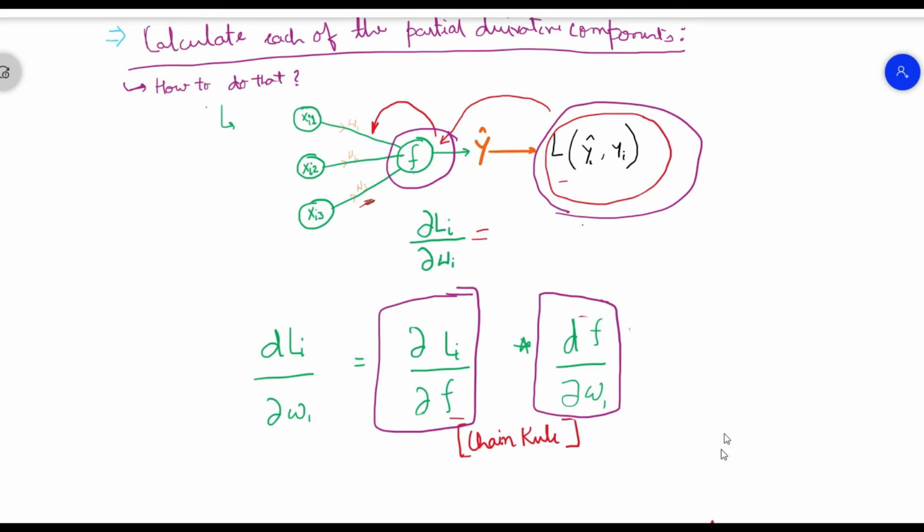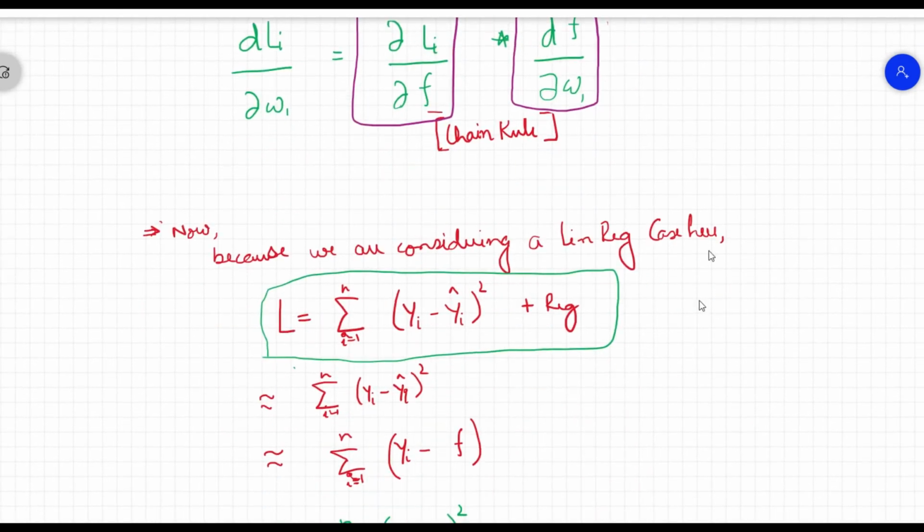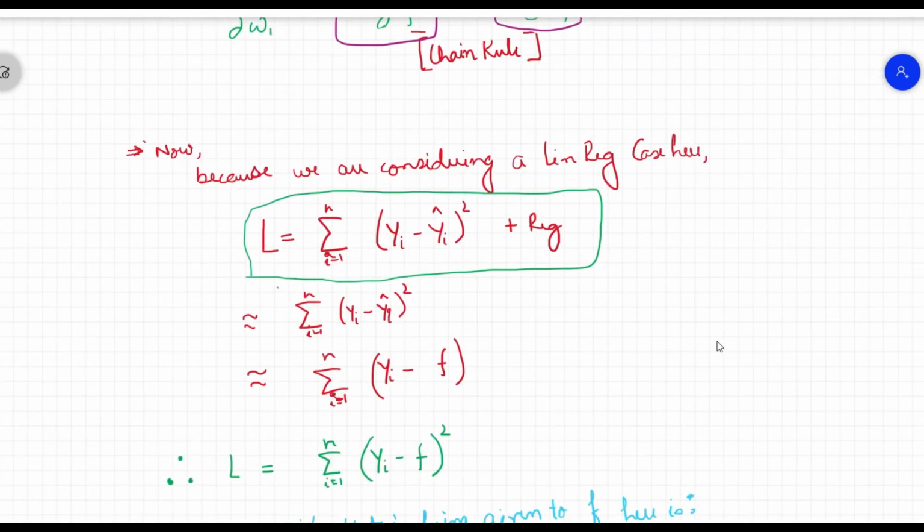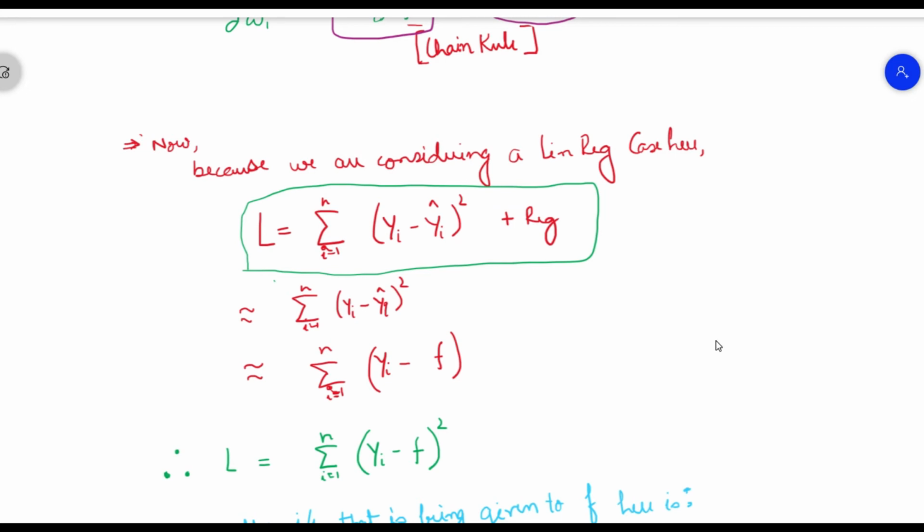Okay, moving further, because we are using a linear regression case here, what does our loss function look like? Our loss function equals the sum of the square of the difference between the actual and the predicted value plus a regularization term.